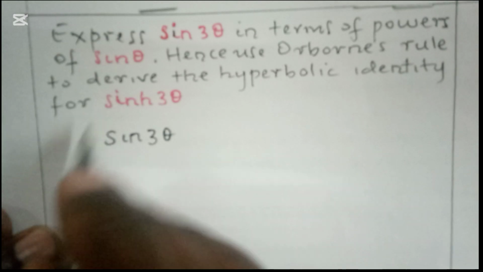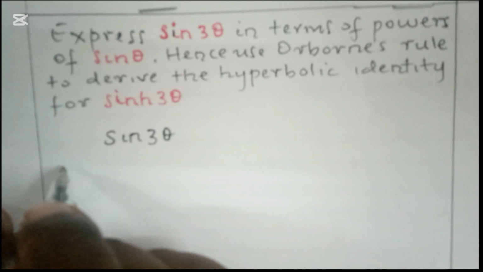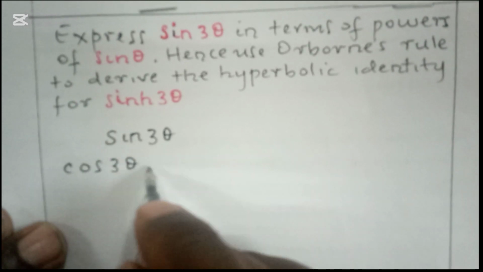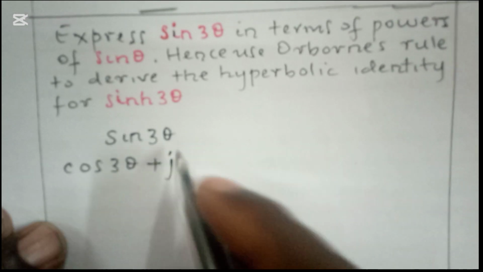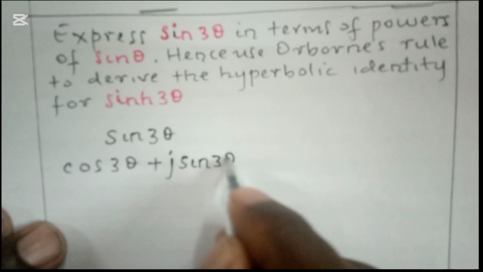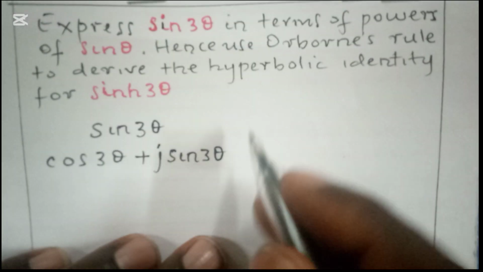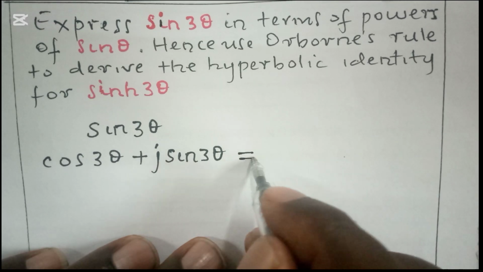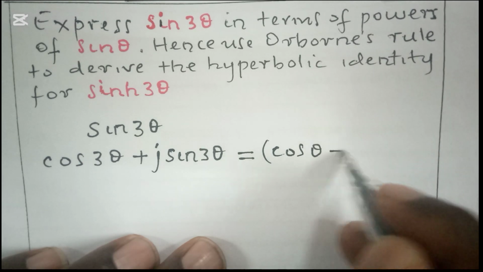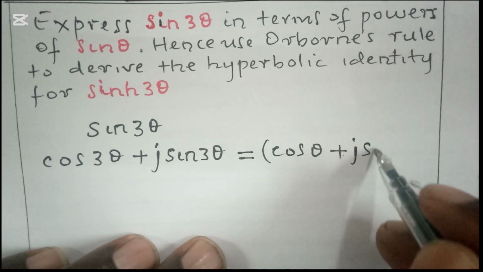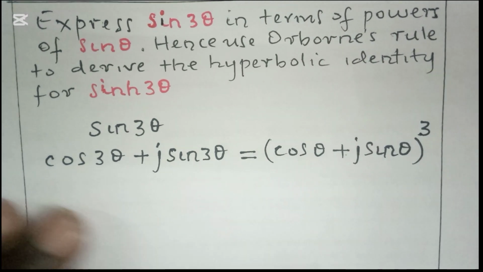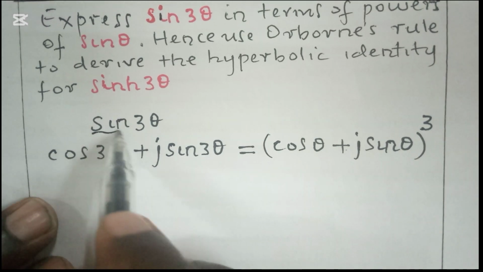According to complex numbers, we shall have cos 3 theta plus j sine 3 theta, which can be written, according to De Moivre's theorem, as cos theta plus j sine theta, cubed.